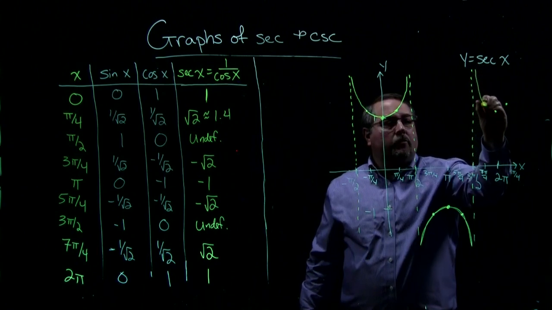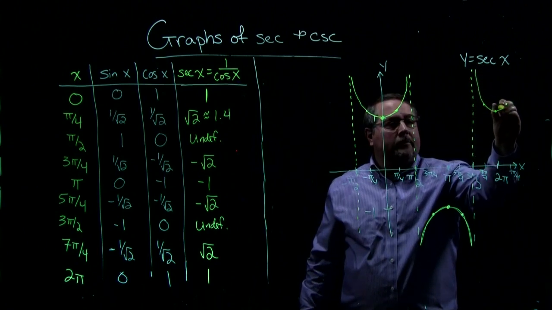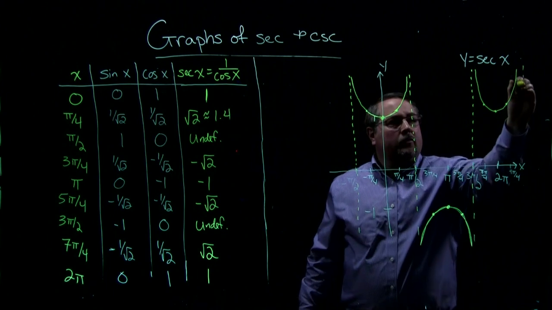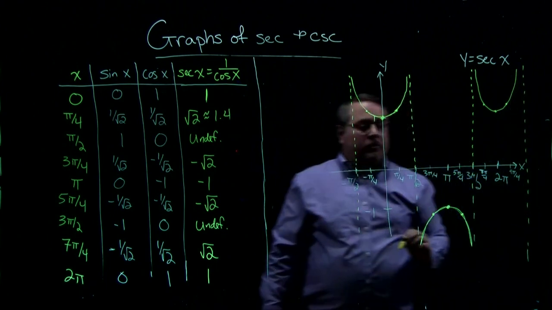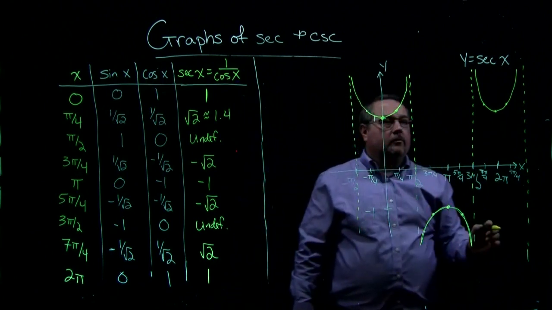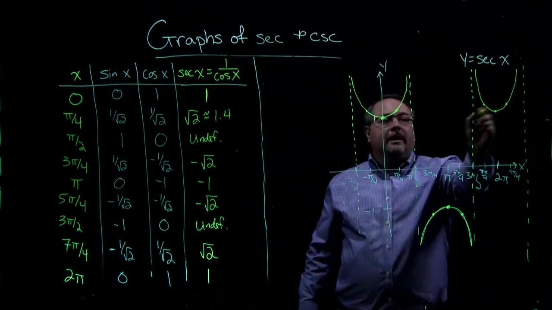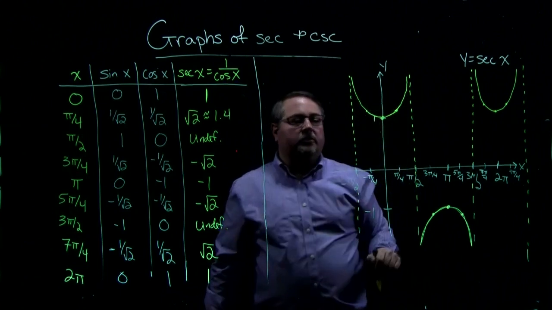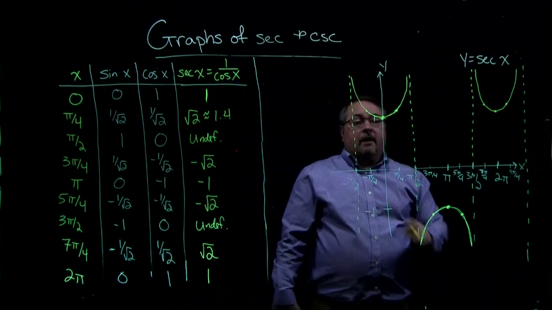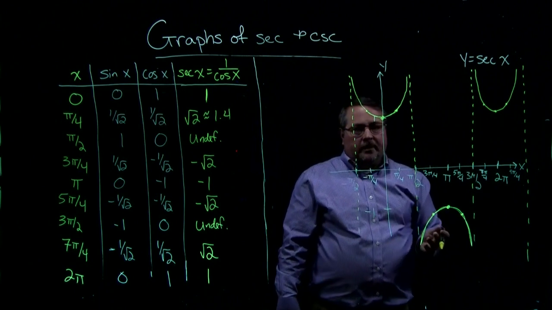And then over here we're in the fourth and then the first quadrant again, and then over here this would be at 5 pi over 2, we would have one more vertical asymptote we could draw. We get basically a repeat of the behavior we had in our fourth and first quadrant angles over here. Okay, so the graph of the secant function is going to look something like this.